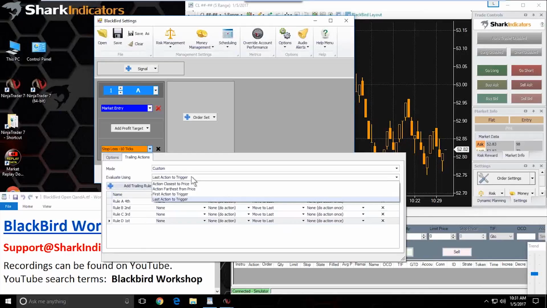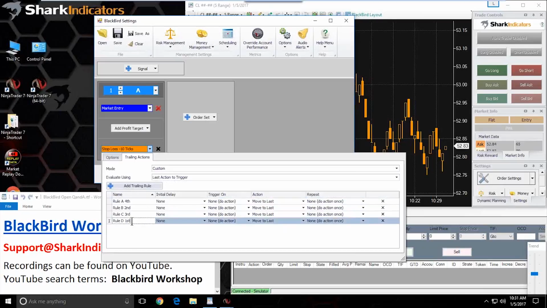You can only execute one. So the evaluate using is making that decision. It's setting up the decision of whether rule D gets executed or rule B gets executed.